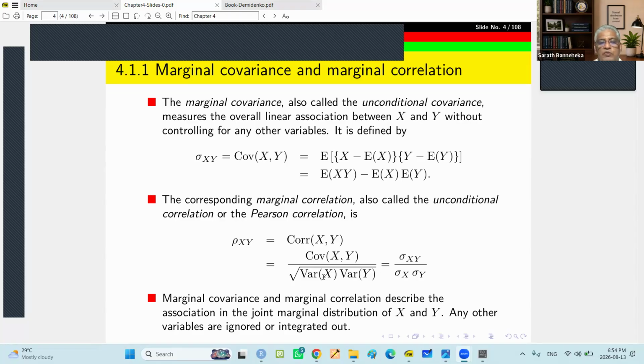The square root of the variance of x is the standard deviation of x, and the square root of the variance of y is the standard deviation of y. So it is given by the formula sigma xy divided by sigma x times sigma y. The marginal covariance and marginal correlation describe the association in the joint marginal distribution of x and y. Any other variables are ignored or integrated out.